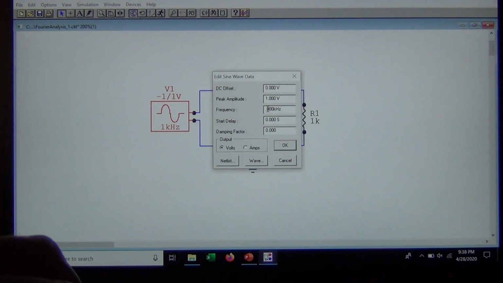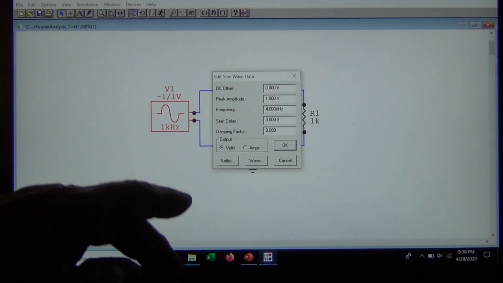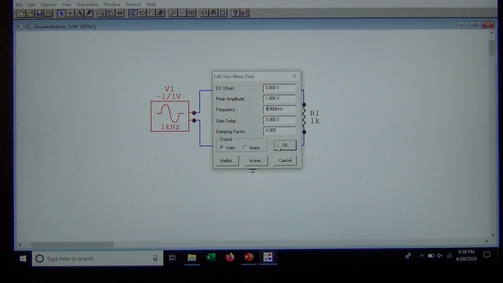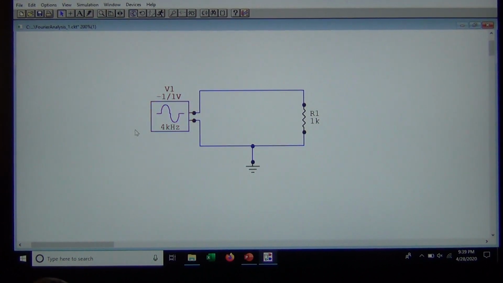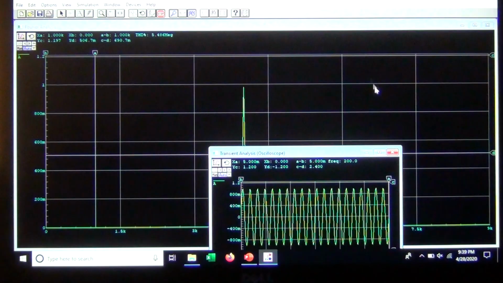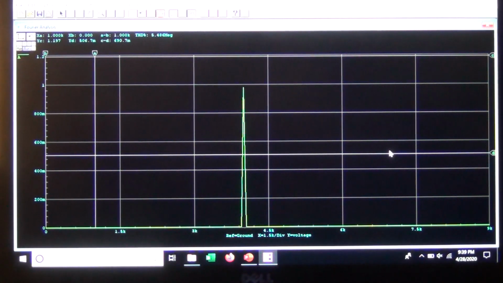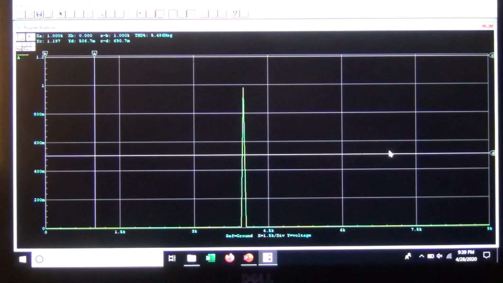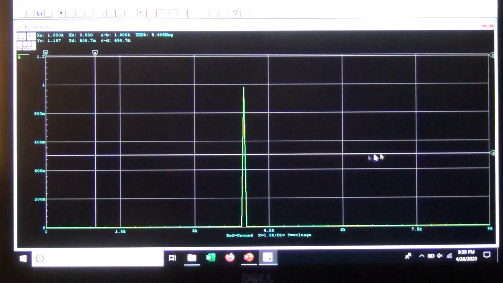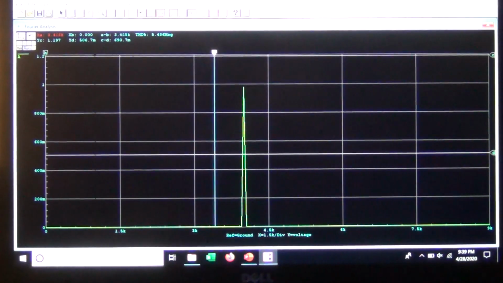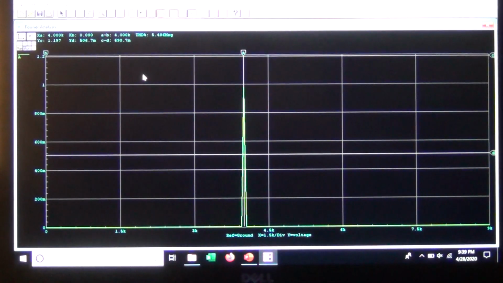So I just put in a 4 here and hit OK and run it, and what you observe is that the spike, which represents the signal, has now moved over to 4 kilohertz. And if we run the cursor over, you can see up here it says 4 kilohertz.